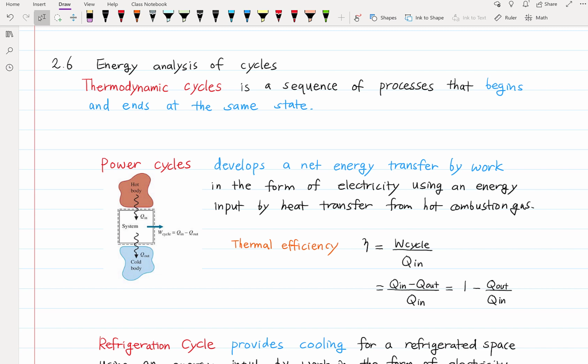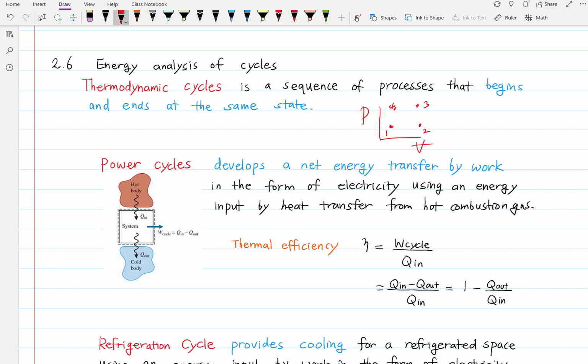For example, consider a PV diagram. Y-axis P, pressure, x-axis V, volume. So the initial state is 1, and it goes through states 2, 3 and 4.